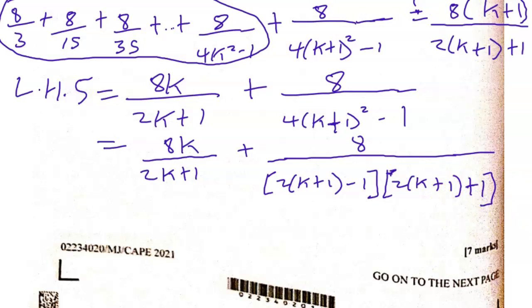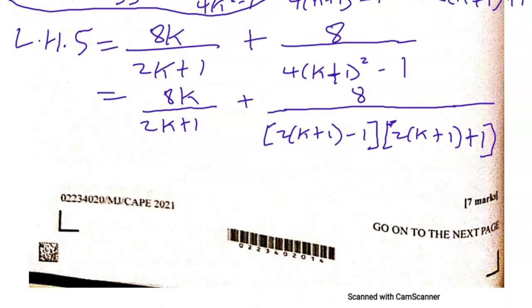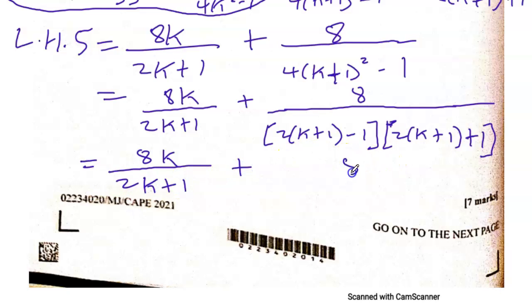Alright, so we end up with now 8k over 2k plus 1 plus 8 over, notice now in the first square bracket here, if we expand, we'll get 2k plus 2 minus 1.